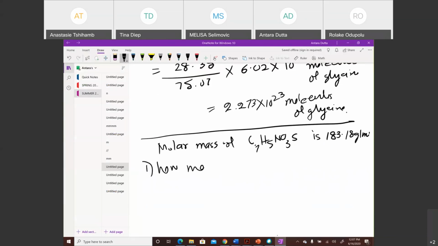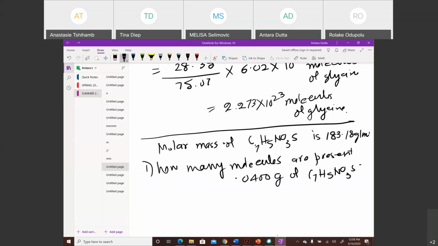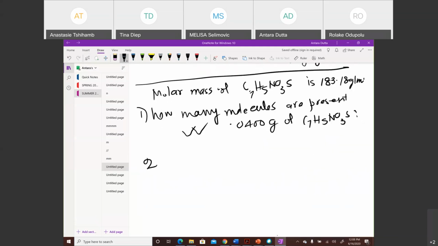How many molecules are present in 0.040 grams of saccharin, C7H5NO3S? I think the first part I will leave up to you. I hope you guys can do that. Grams to moles and moles to molecules. The second part I will show you, how many carbon atoms are present.